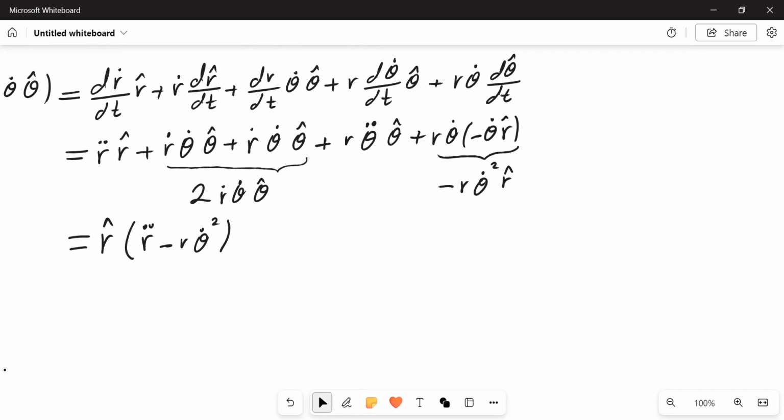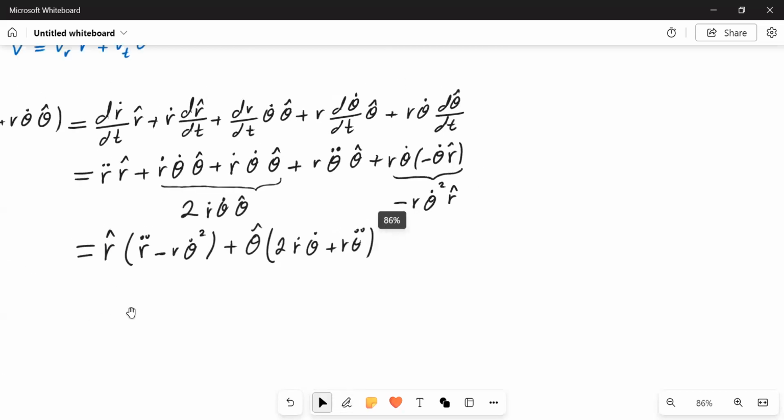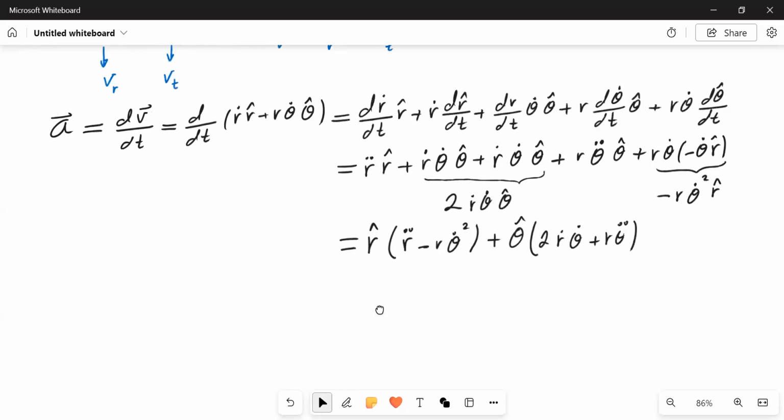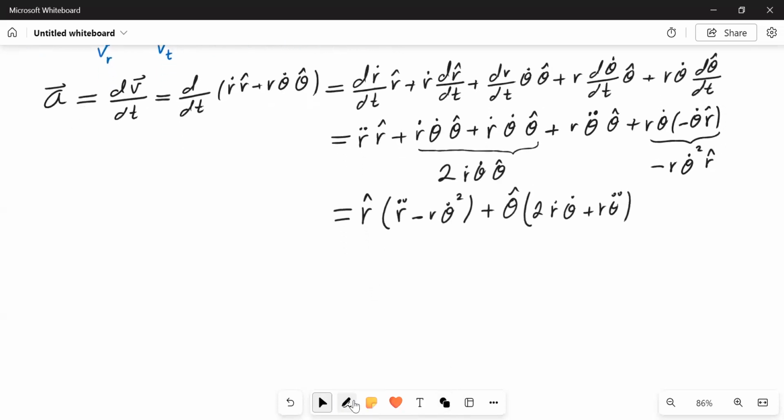On the other hand, the second, third, and fourth term, they all contain theta hat, so I can factor the theta hat there, and I end up with 2r dot theta dot plus r theta double dot. And that gives me the expression for the acceleration vector.